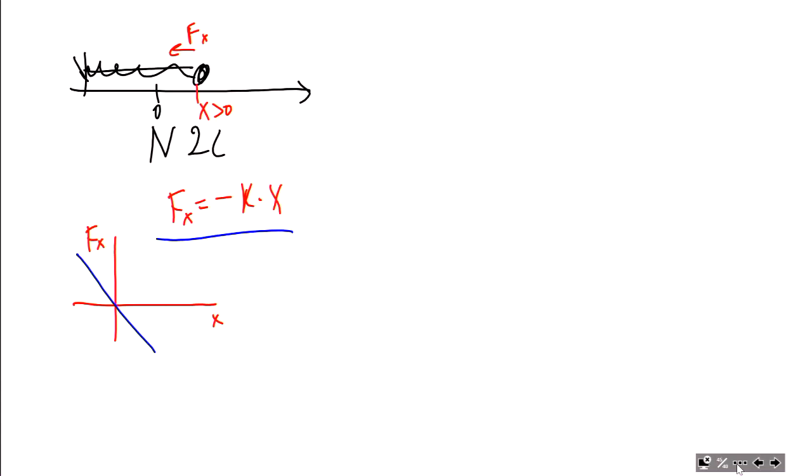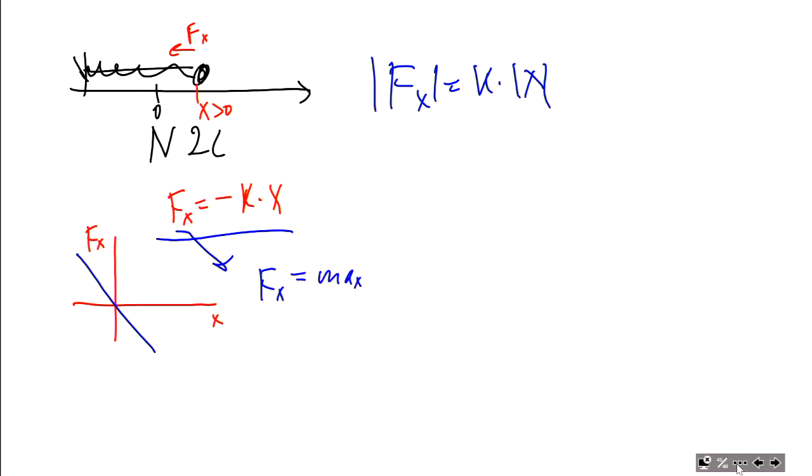But when we need to calculate something, we just use magnitudes. It's easier. This is what we used to relate acceleration and position, because the same force should be equal to m times a. So if we combine these equations, ma equals this, and acceleration, which is the x component of the acceleration, will be equal to this.